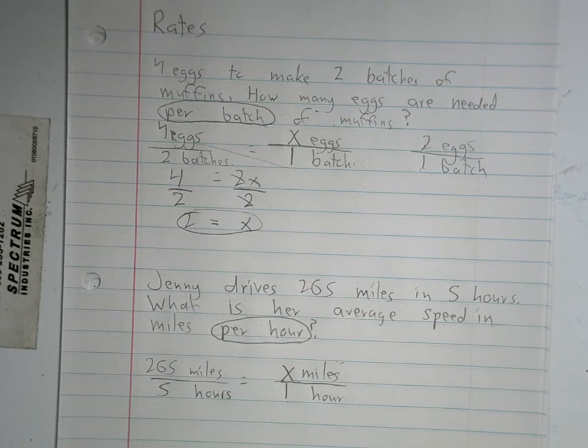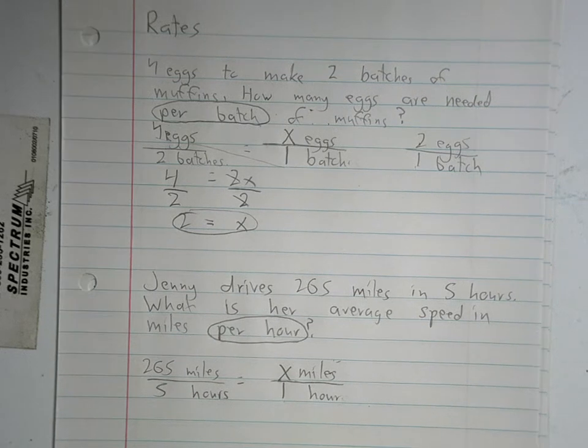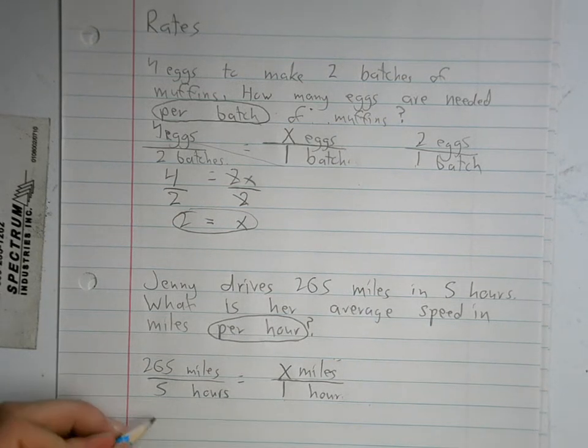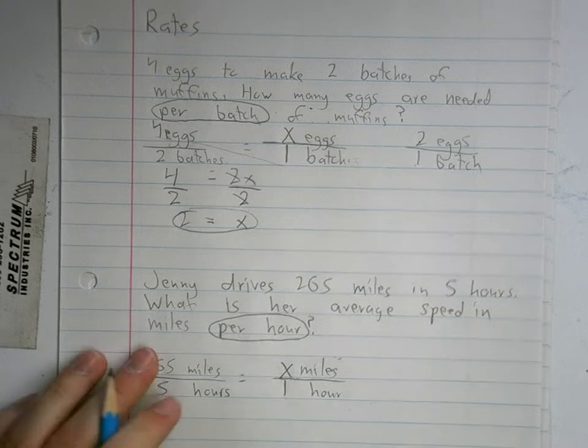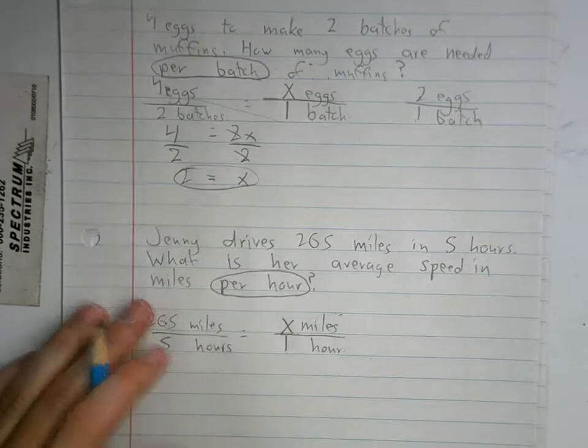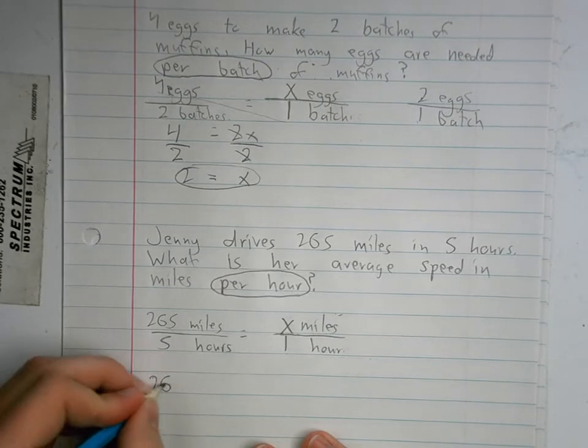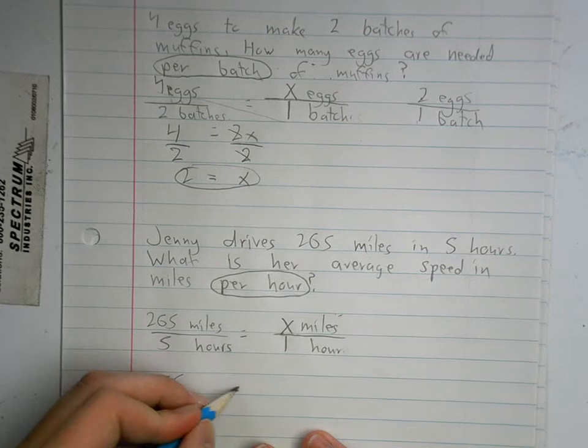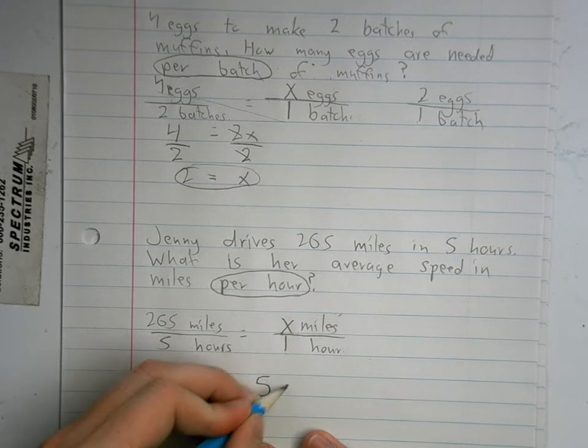Okay. So, what do I do now? Who knows? Noreen. Cross multiply. 265 times 1 is just 265. 5 times x equals 5x.